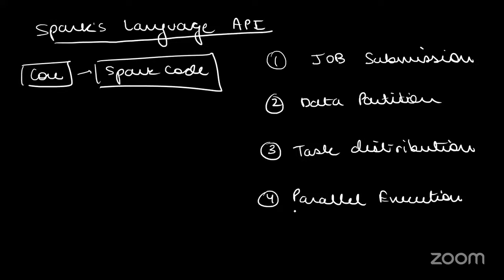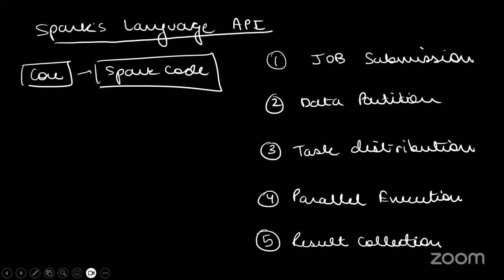And then finally, you will collect the results together and combine them. Each executor will produce an output, and each of these outputs is sent back to the driver program. The driver will collect all these outputs coming from various executors, and it will combine them if necessary.